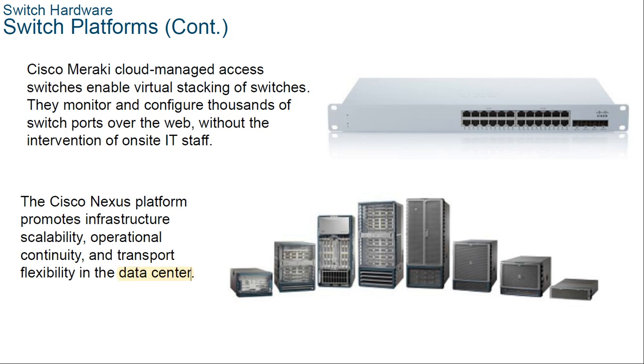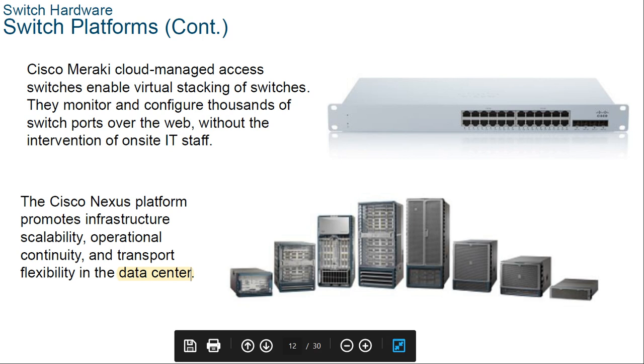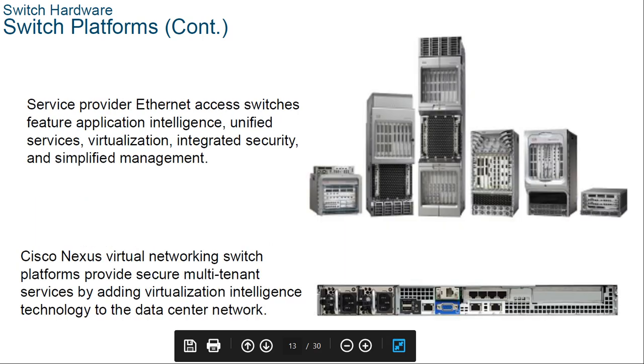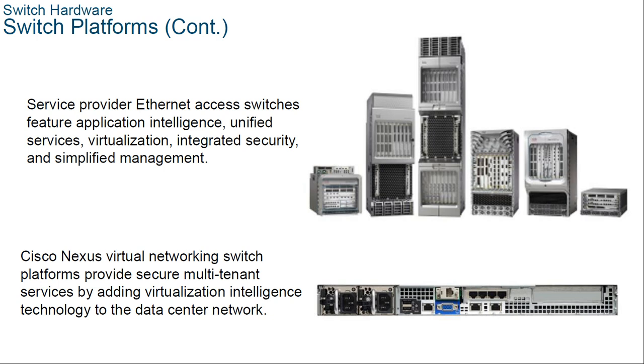Okay, this one is for cloud. The previous one was more on the user side. So, service provider Ethernet access switches feature application intelligence, for example here, unified service, virtualization, integrated security, and simplified management.